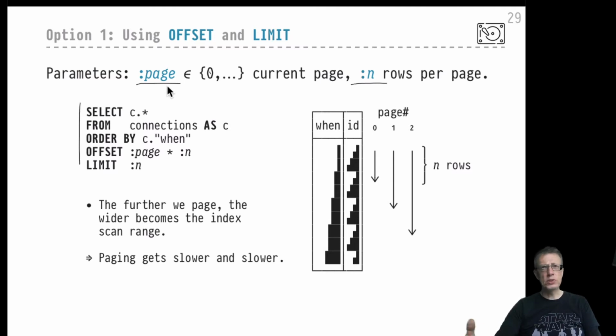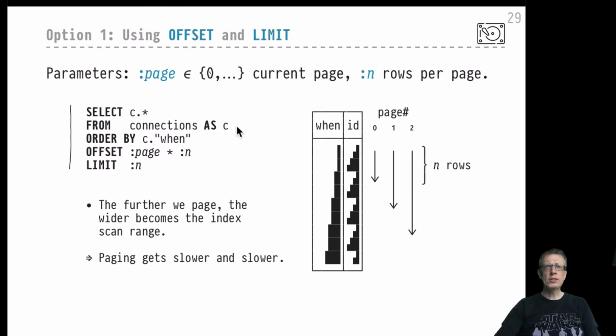So we would probably start with page 0 and then have the opportunity to use the earlier and later buttons to change to page 1, page 2, change back to page 1 again, page 0 again. So this would be the page indicator. All right. Okay, well, we could simply use this particular query to implement this paging, I would say.